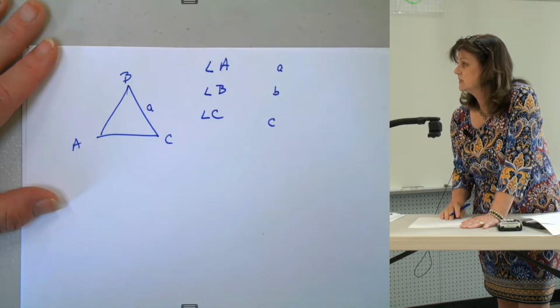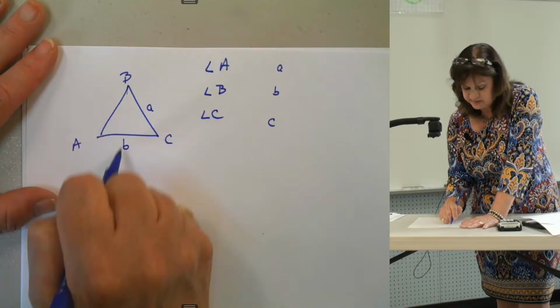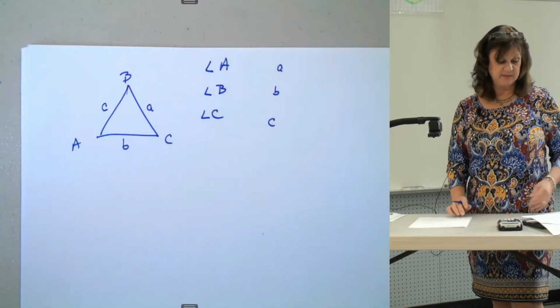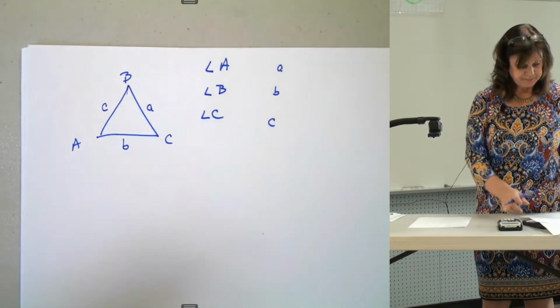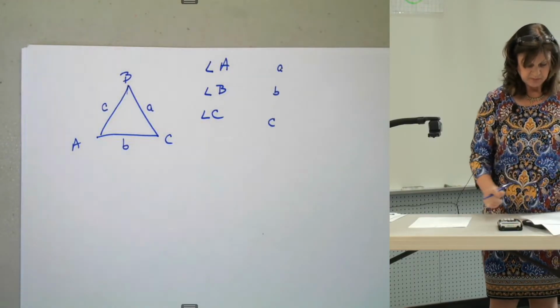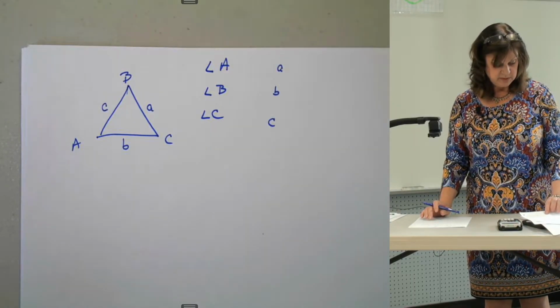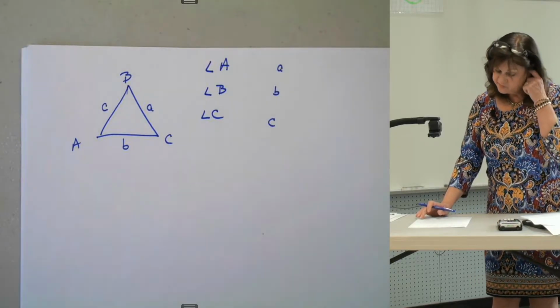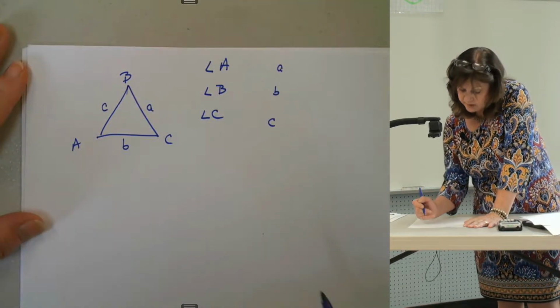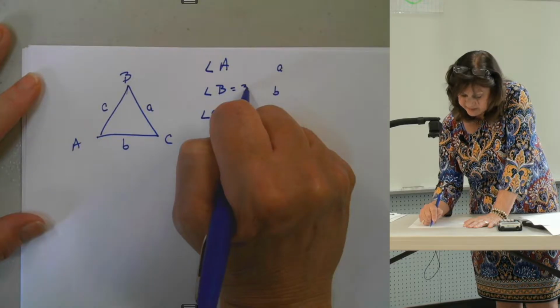Side A is opposite angle A, side B is opposite B, and side C is opposite C. All right, so what we know now: angle B is 35 degrees.